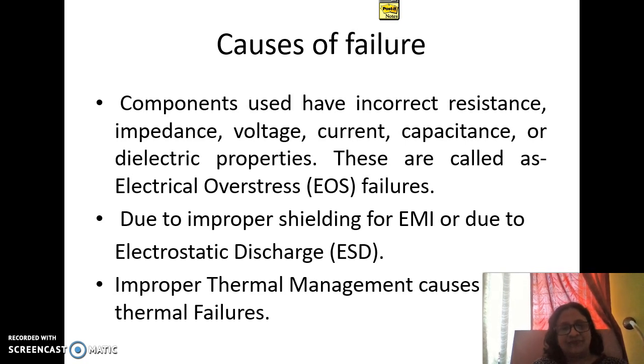So sometimes shielding is not properly provided. So EMI is occurring and it is disturbing the functionality of the product. Also, improper thermal management causes thermal failures. So, these are few failures mentioned over here. Like this, n number of failures are there in the electronic products, and we need to take care of all these failures.